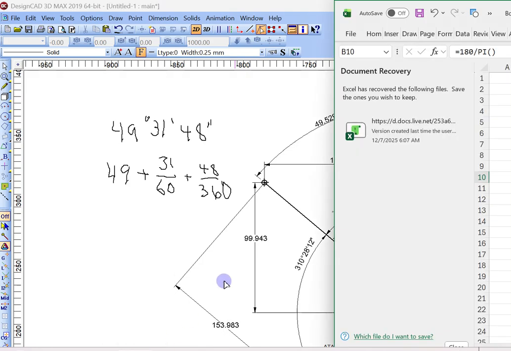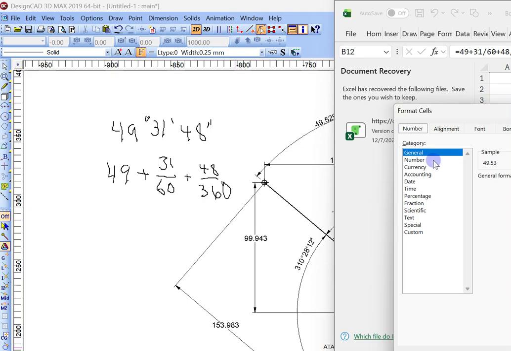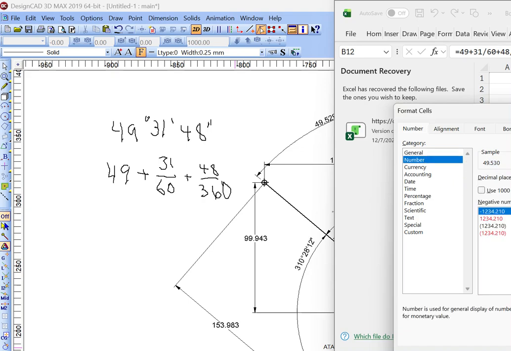But if you went here, Control V, equals, it's rounding it also to 49. That's a file format, number, and do it to 4 decimal places.